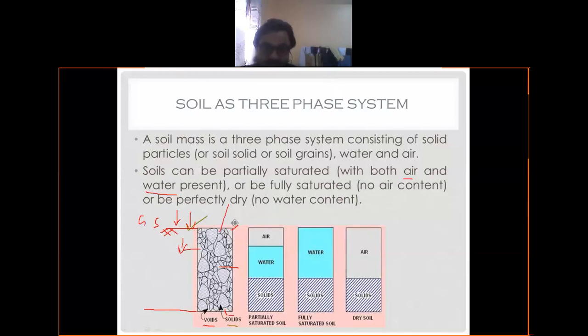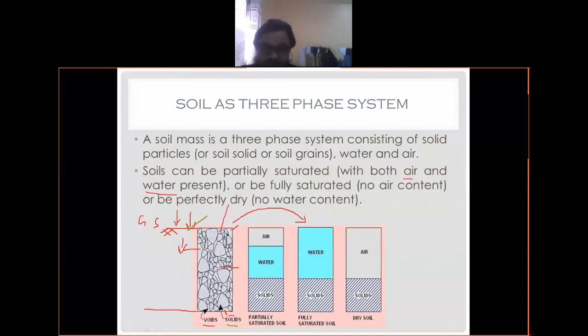So this can be represented by this diagram. Now, what about all these three diagrams? These are the simplified representation of a natural soil, so that we can understand the different relations.